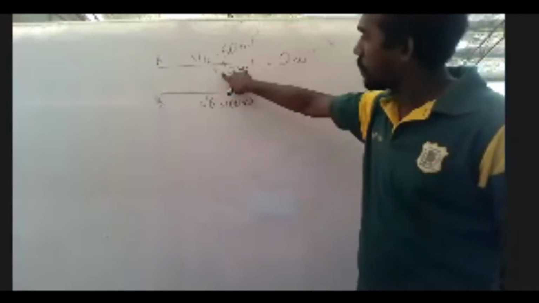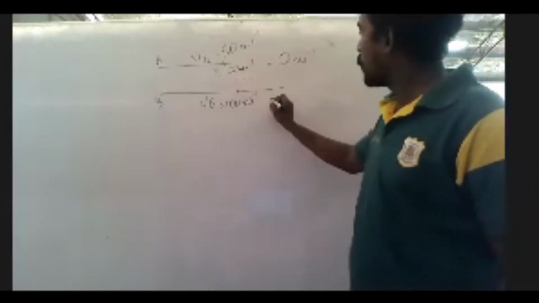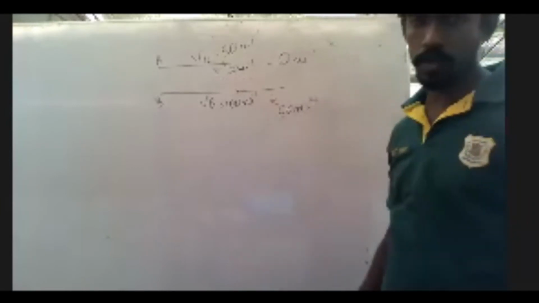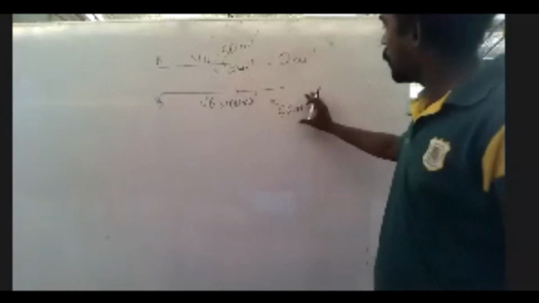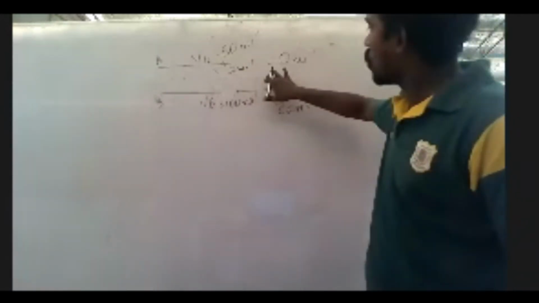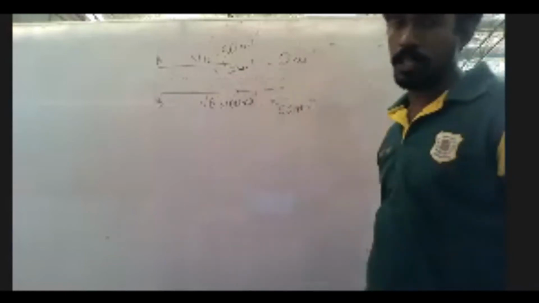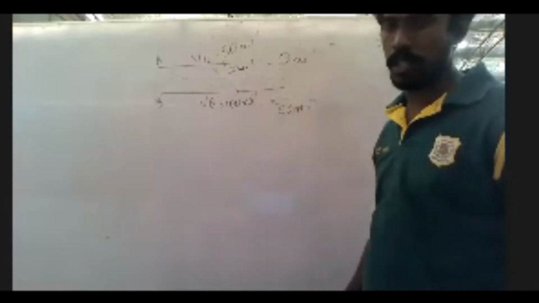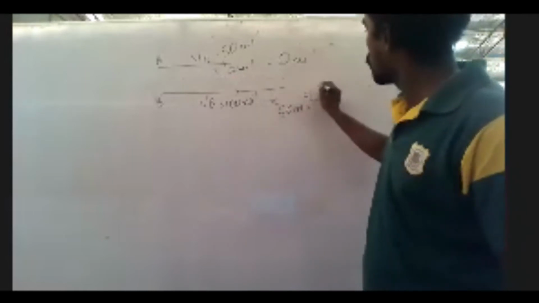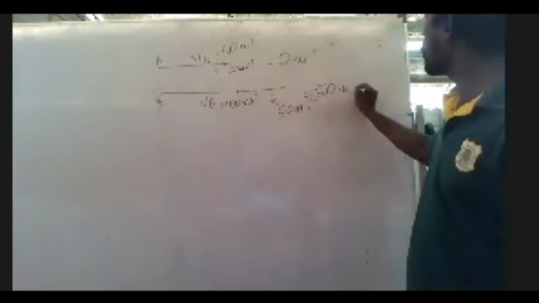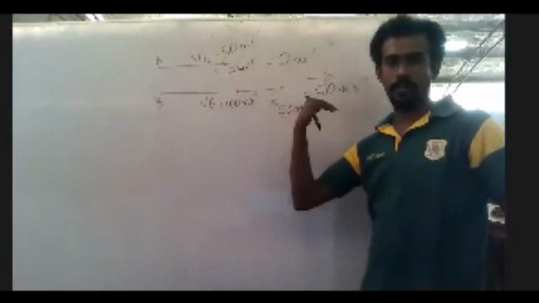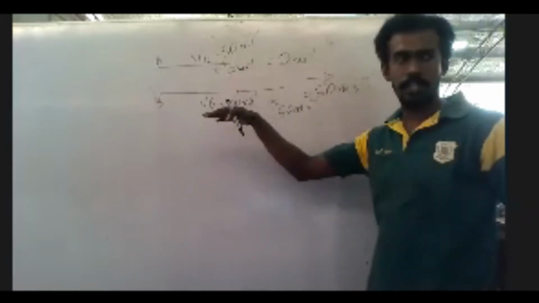In a similar way, I will do this for body B also. Since I applied 50 meters per second here, I will apply the same 50 meters per second to this body also. This body is already moving in this direction at, sorry, not 50, 100 meters per second. Now the resultant velocity of these two is 50 meters per second this way, because it is coming with 100 meters per second and I am applying 50 meters per second this way.